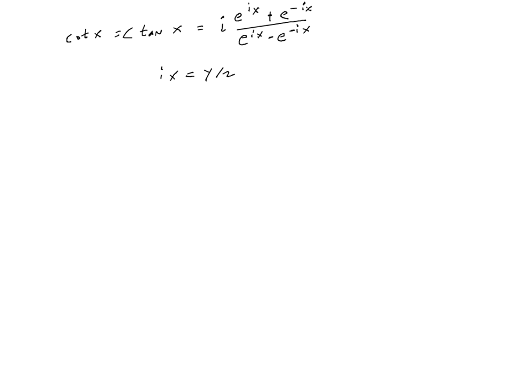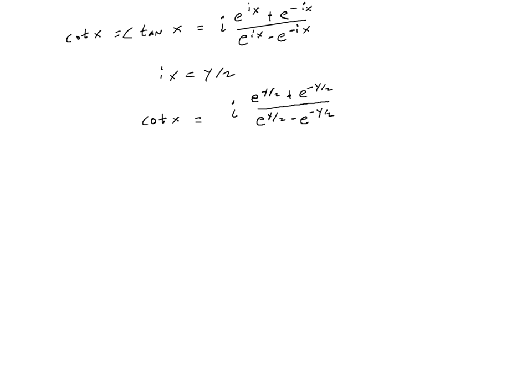Anyway, so we're going to write this. We're going to substitute the variable just to make this a little easier. And so we can say cotangent of x is equal to i times e to the y over 2 plus e to the minus y over 2, divided by e to the y over 2 minus e to the minus y over 2.